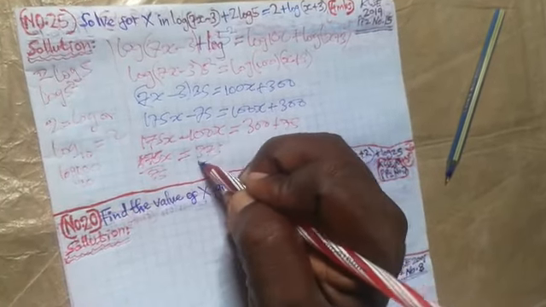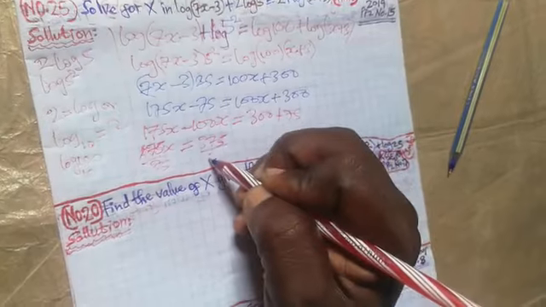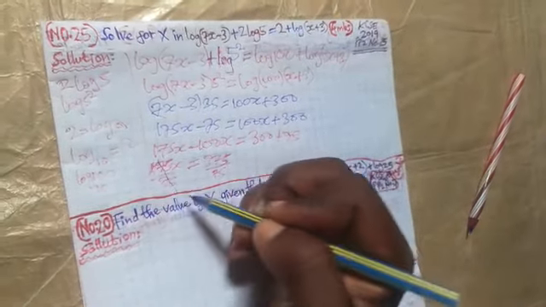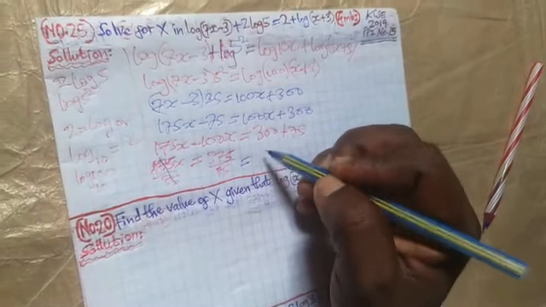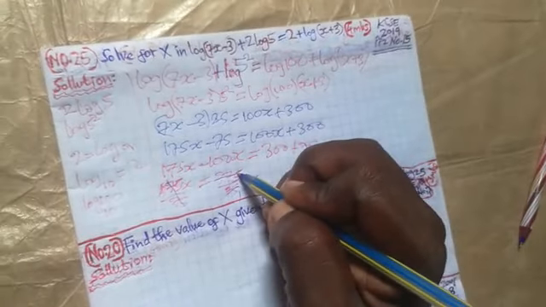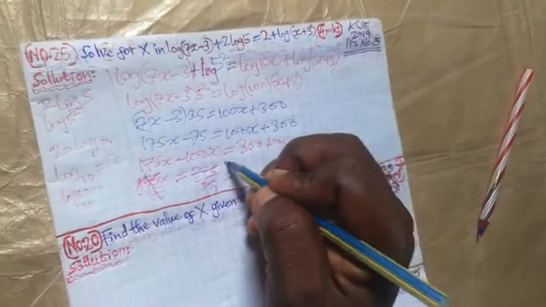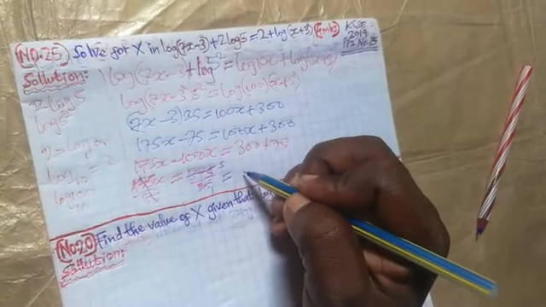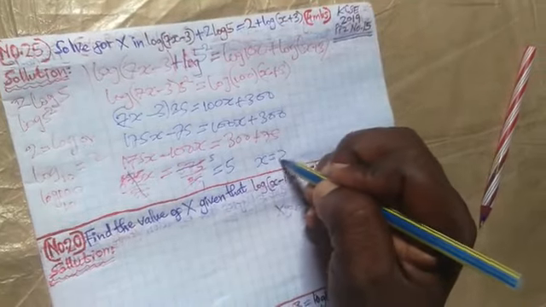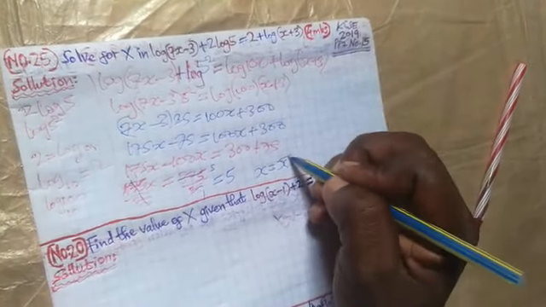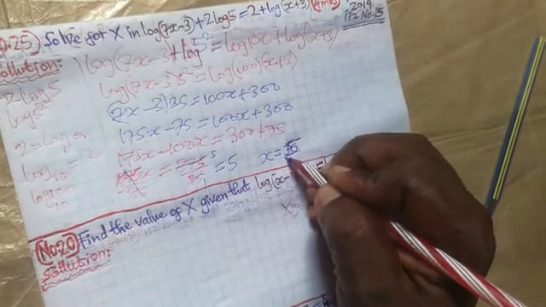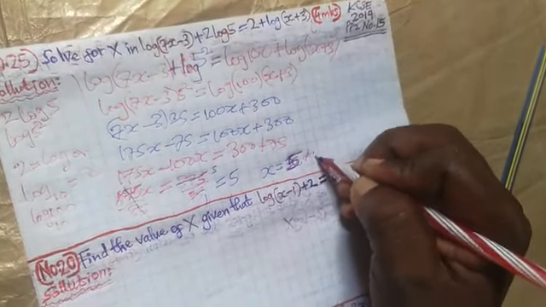Divide by 75 on both sides. Now see that 375 divided by 75 is 5, therefore x is 5. This is the answer.